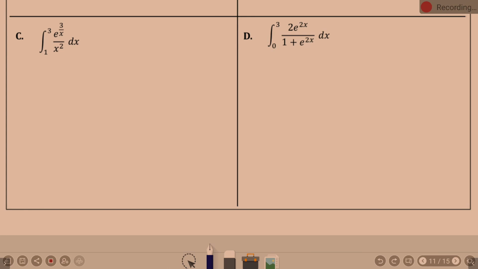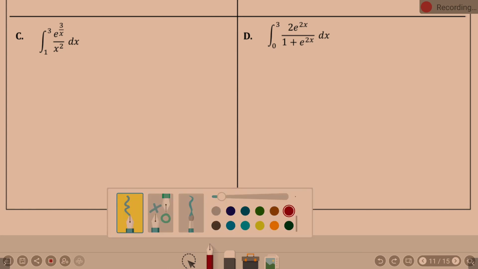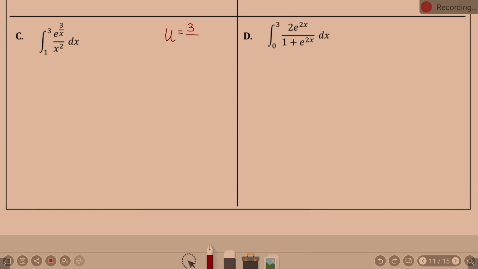It's either 3 over x or x. It's one of those two. I'll go x squared. u is the 3 over x, and it'll all make perfect sense here in a moment. If you trust me, it'll make perfect sense in a moment.